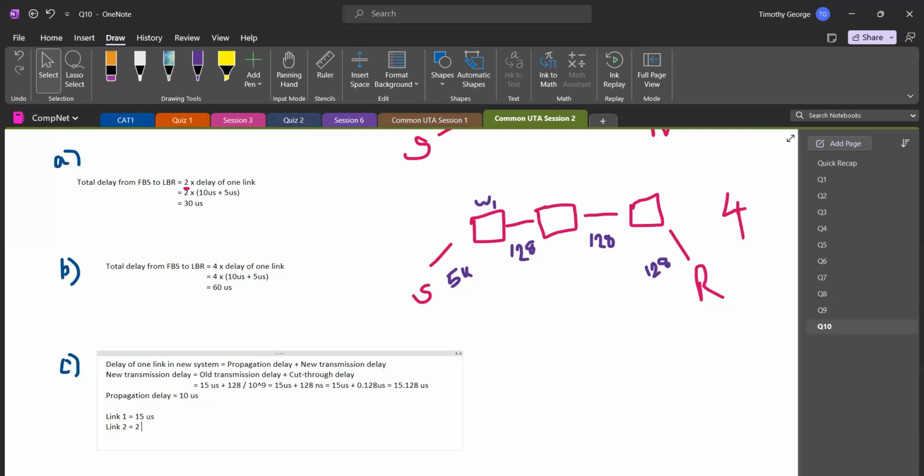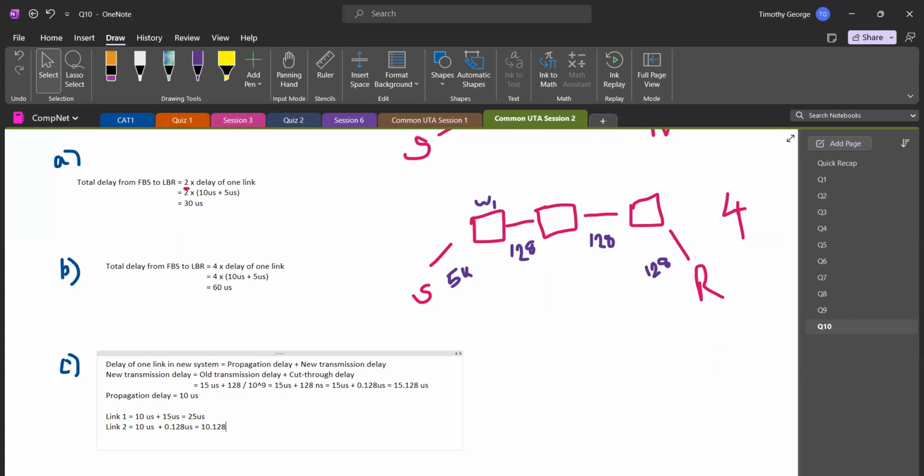How much is link two going to take? It's going to take this new 128 divided by 10 raised to 9. So let's add it with propagation delay 10 microseconds plus transmission delay. How much is the transmission delay here? 15 microseconds, so 25 microseconds. In link 2, propagation remains the same, but here, what is the transmission? 0.128 microseconds.